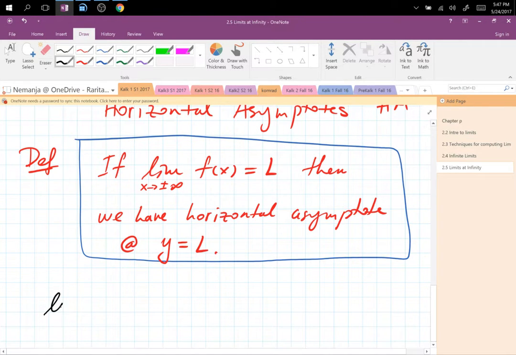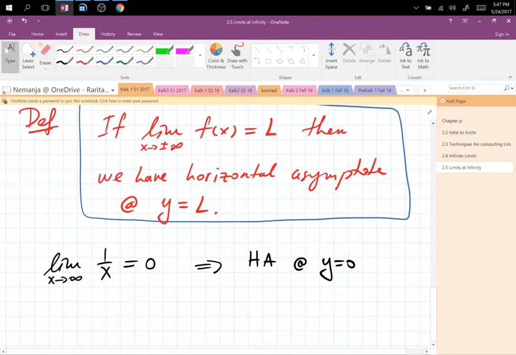So now I'm going to immediately go with the easiest possible case. X goes to infinity for 1 over x. We said already it's 0, which implies a horizontal asymptote at y equals 0, which is the x-axis. Now if you draw this function, which we drew like 15,000 times already, we can see using our eyes that there is a horizontal asymptote at y equals 0, which is the x-axis.